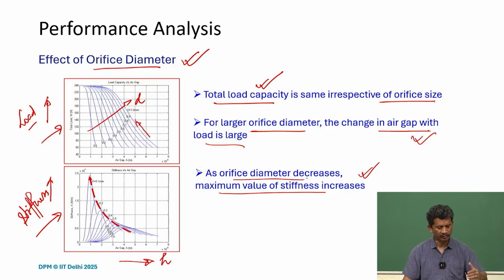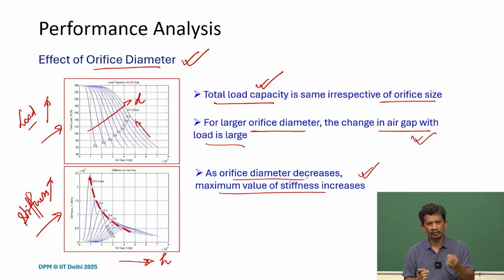And that's why one has to understand that the total load capacity is not a function of the orifice, but the stiffness is definitely a function of the orifice, because it provides the restriction, and whenever there is a change in load, there might be some backflow, and that will be restricted by the restrictor.